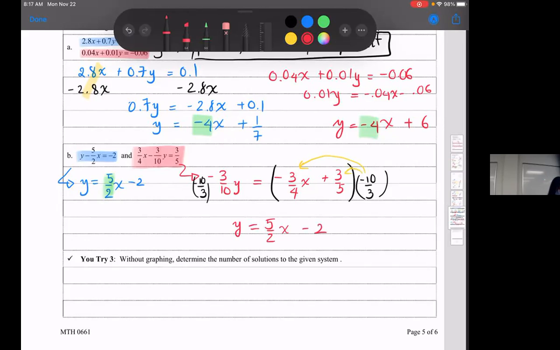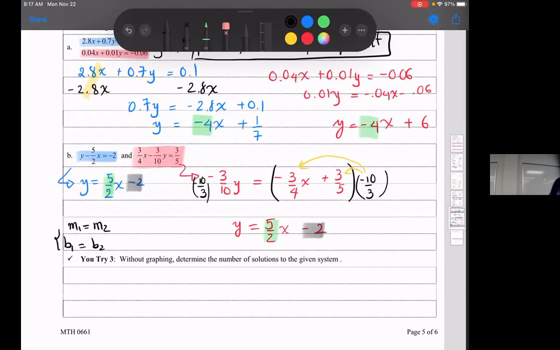So they're the same. Same slope, same intercept. M1 equal M2, also B1 equal B2.